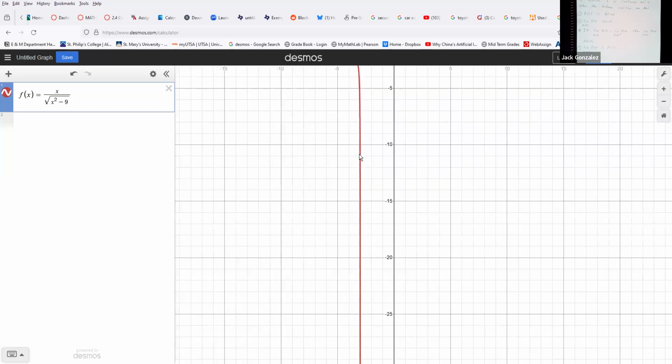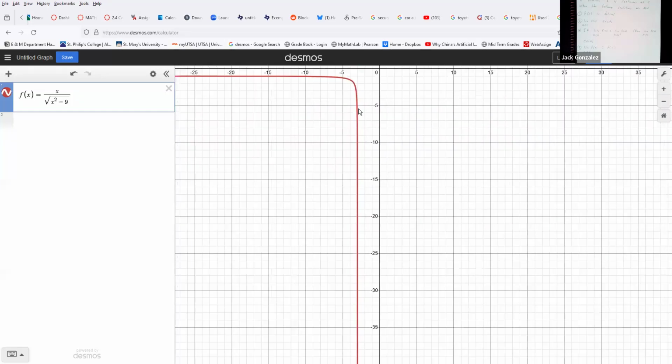Yeah, I can't even click it for some reason. All right. But anyway, you could say it goes to -infinity as we approach -3 from the left side.